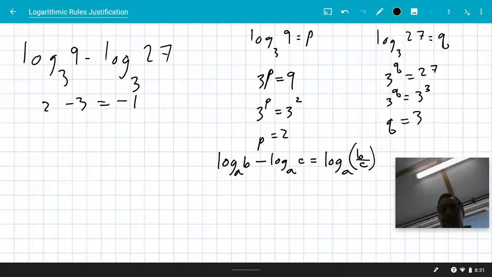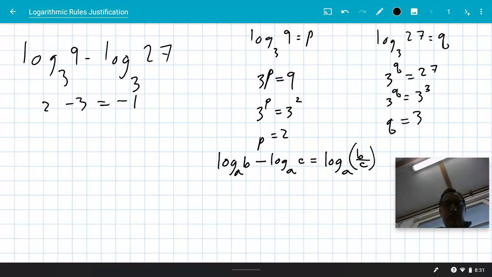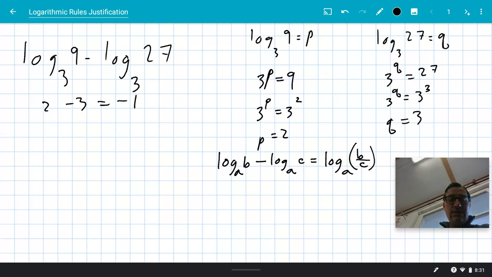If you know your exponent rules, you can figure those out easily. Then it's the same thing with the log rules. When you have a division, what you do is you subtract them. So go ahead and use the same thing as before. Use this log rule to see if you can figure out what the whole thing is equal to and get to negative 1. Go ahead and pause the video and try that.